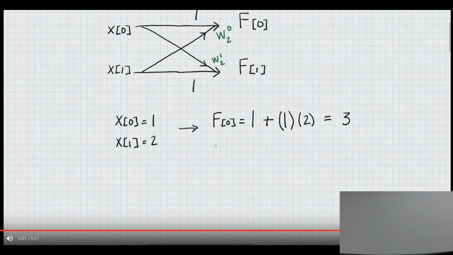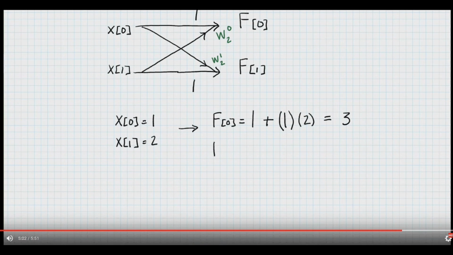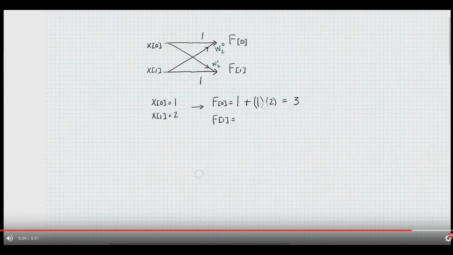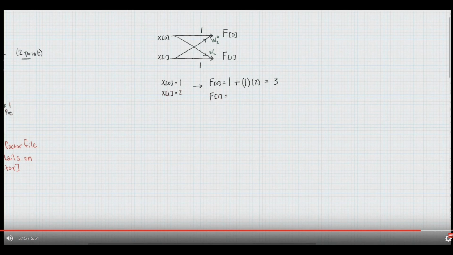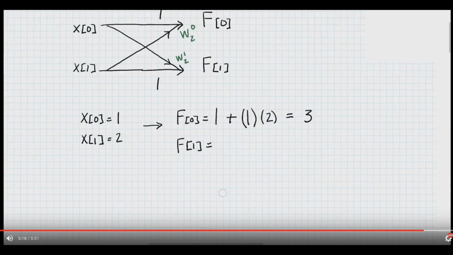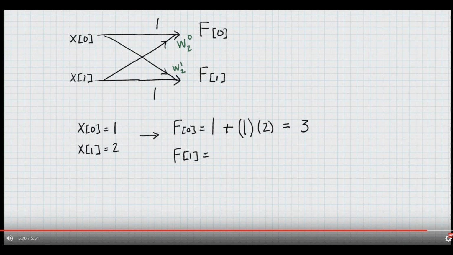So let's go ahead and write an equation for our FFT sample of 1. It's going to be equal to, we'll zoom back over here for consistency with our first example, our x of 0 plus our x of 1 multiplied by a twiddle factor.